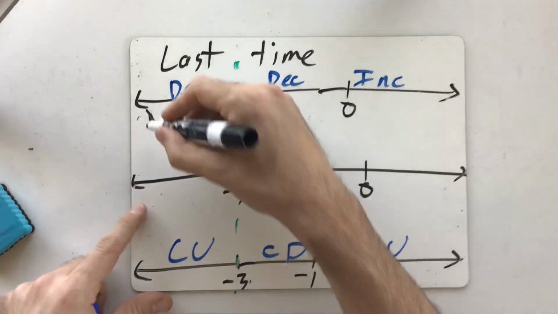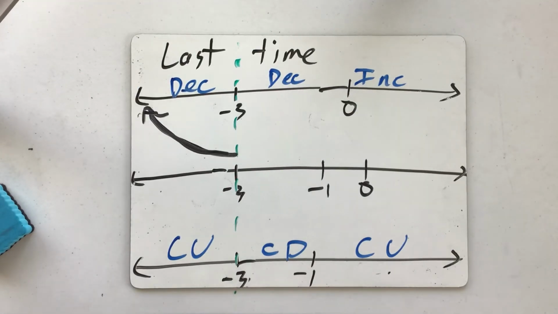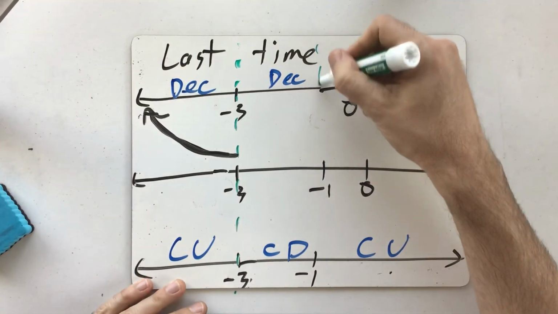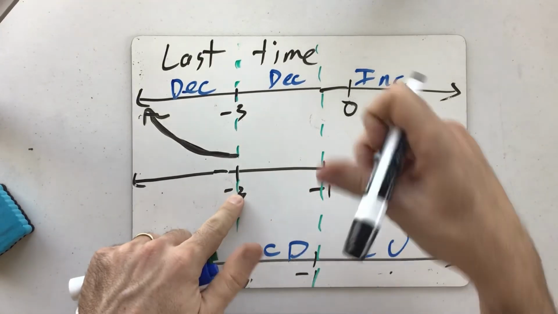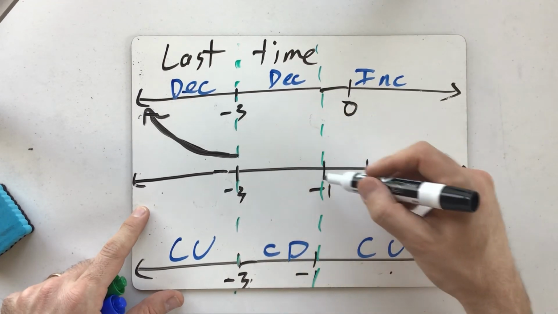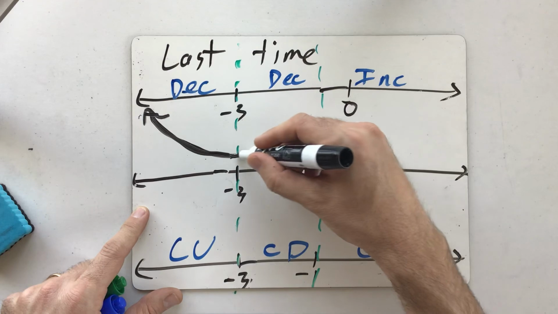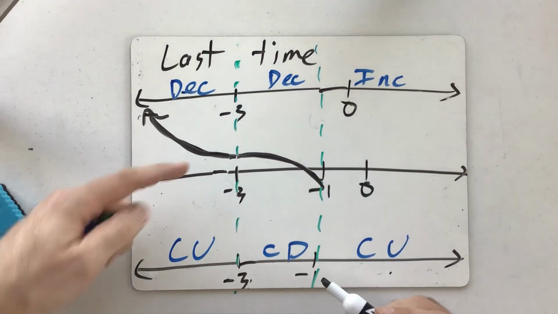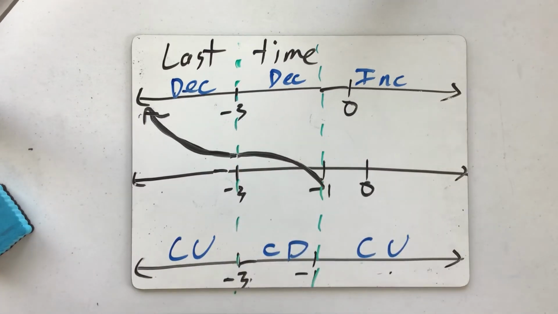So that's what's going on in that section, and then we can see that it's going to have an arrow pointing here. And now then, what we get is that between -3 and -1, it's still decreasing, but now it's decreasing with a concave down shape. So in this section, it's now having that type of shape to it. So we see that it's still decreasing, but the way it curves changed between -3 and -1.